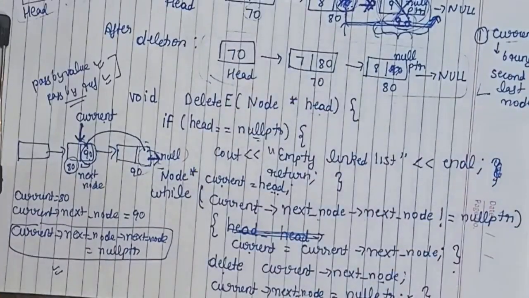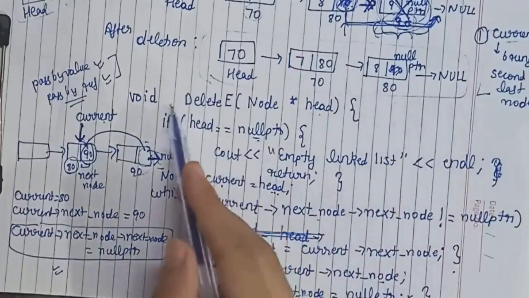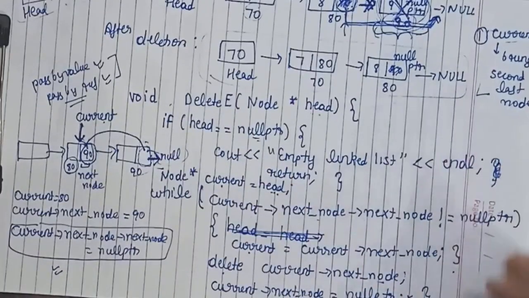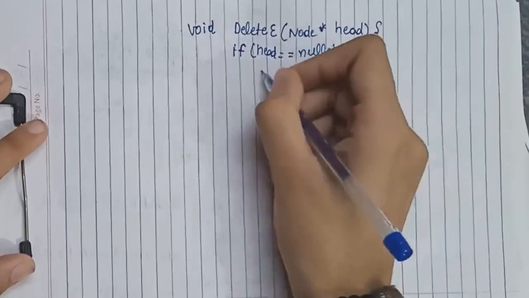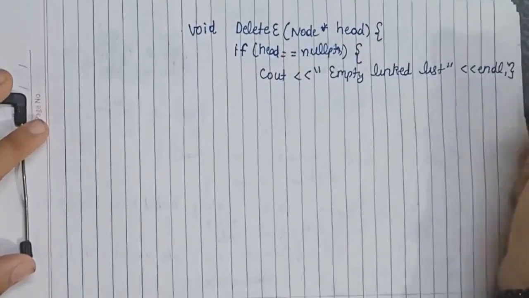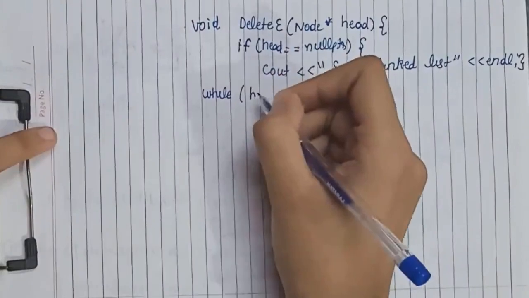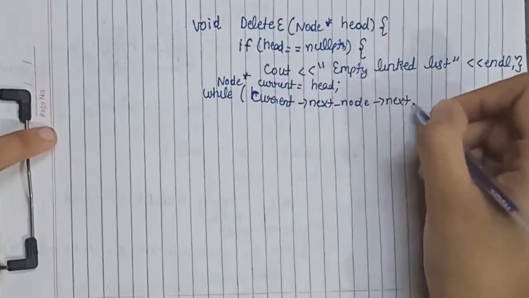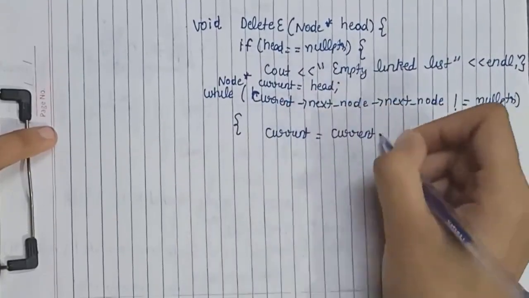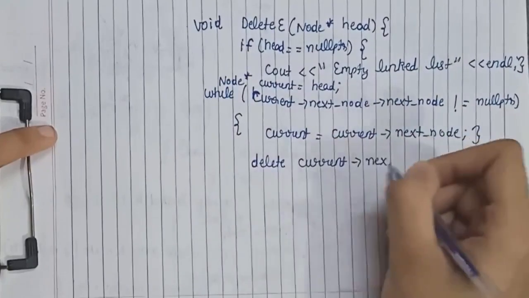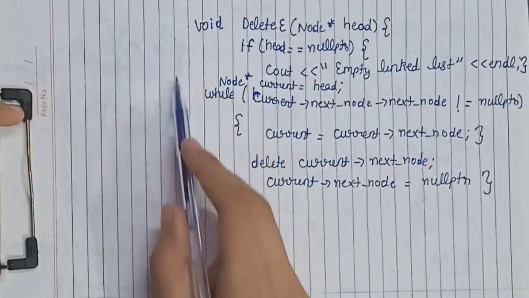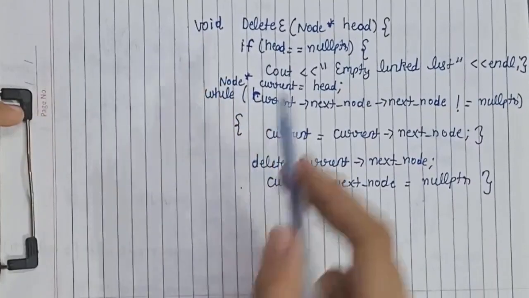So now with this code that we have written for the delete E function, we have performed the required task. So let me just write this code again clearly. So this is the code for the delete E function that we have just shown.